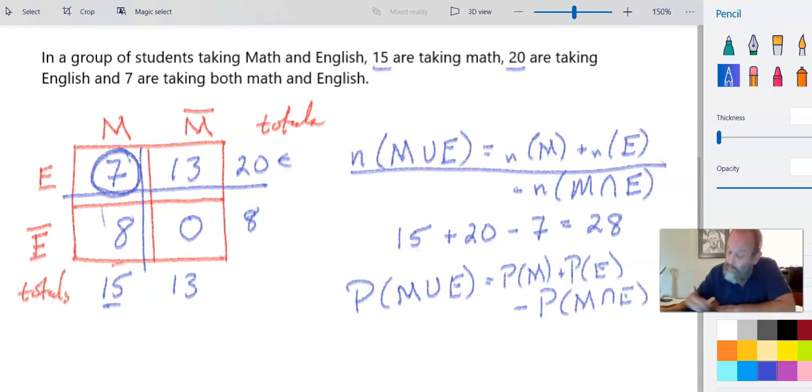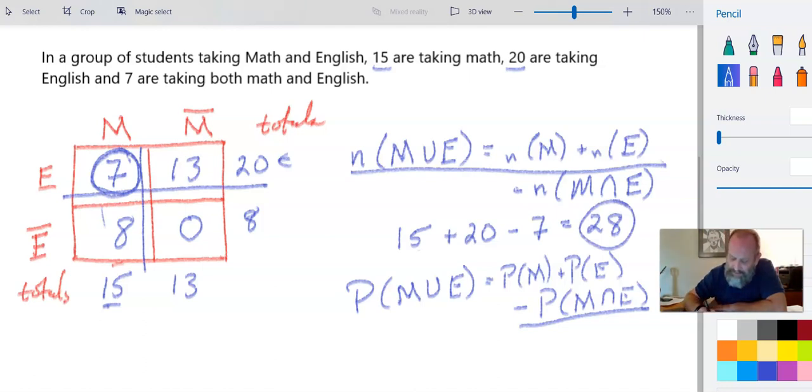right? And so what that will mean as far as calculating our probabilities is that it really helps to make this chart, because it'll help you organize and remember to subtract that out, because anything that's in the intersection gets counted twice. Okay, now the other thing that's interesting about that, we just found out that there are 28 altogether.